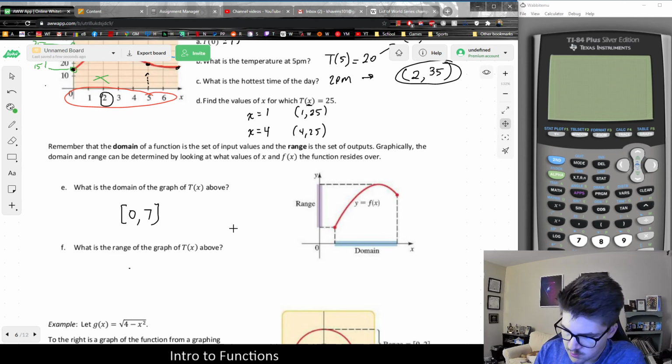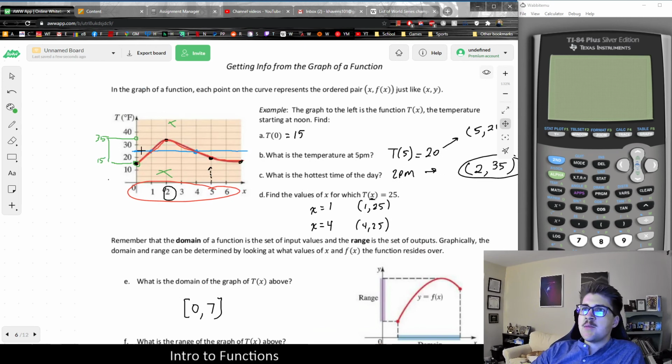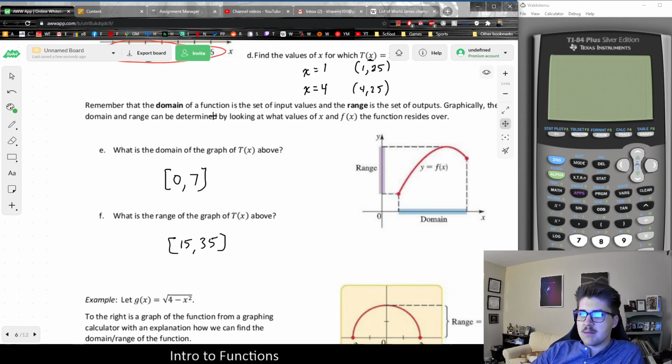And again, I would use brackets here because it appears to take on all temperatures in between 15 and 35 and include the endpoints. You might be splitting hairs and say, does it really get to 35? We don't know exactly because we don't have the individual data points, but just use your best approximation whenever you're faced with graphs such as this.